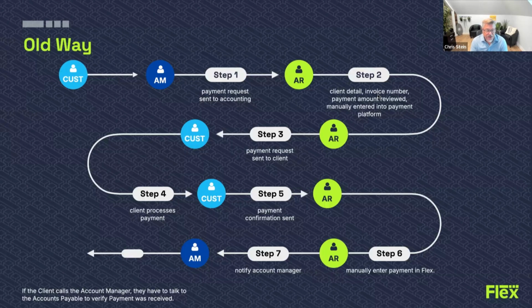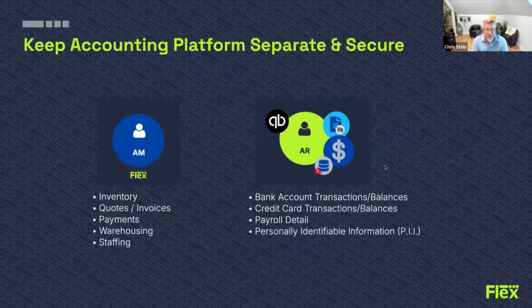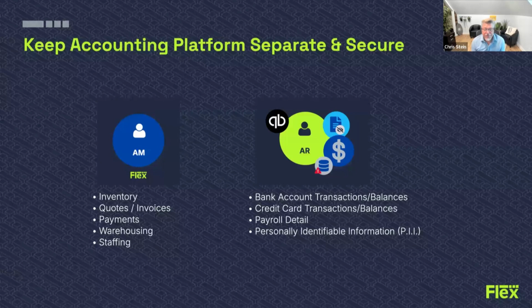And so what this allows us to do is to radically reduce the steps and improve processes. So what this allows the account manager to function with the inventory, the quotes, the invoices, payments, all your employees are working out of Flex, and we keep the payment process out of your accounting process, and that really separates and secures the payment platform or separates the accounting platform from payments.